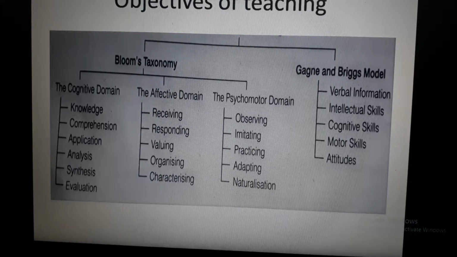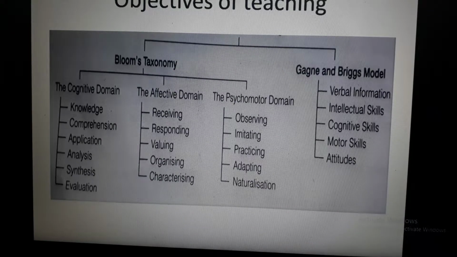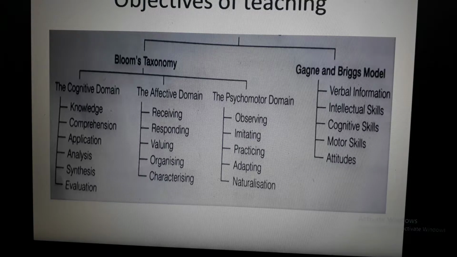All the techniques and facts are applied. And in analysis the applied facts, techniques, and rules are then examined and broken into component parts, and then there is synthesis, which involves a structure or pattern from diverse elements, and lastly it is evaluated. Then we have the next domain, the affective domain.